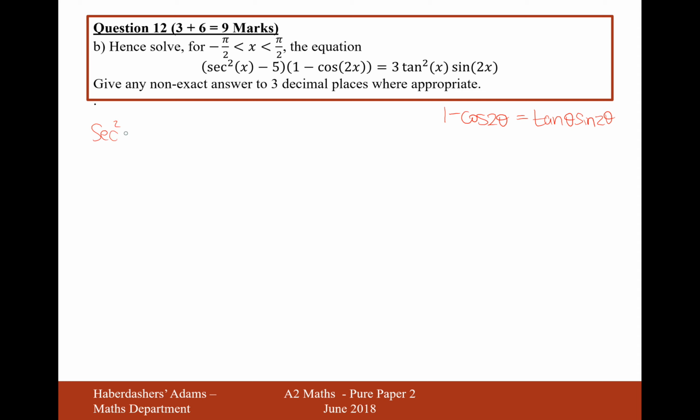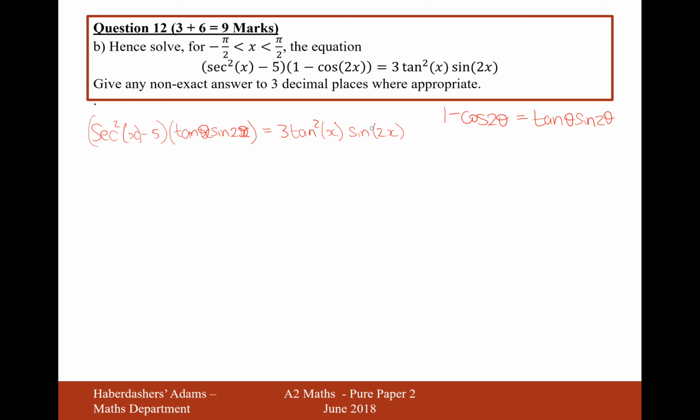We're going to have sec squared x minus 5, and then instead of 1 minus cos 2x, we're going to have tan x sine 2x equals 3 tan squared x sine 2x. Now what I'm looking to do here is hopefully cancel some stuff out.